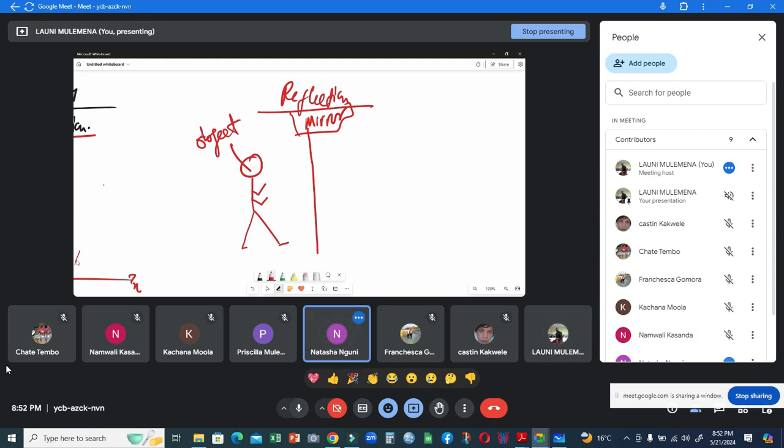If you have a very big mirror with you, and you are seeing yourself, indeed, the image will be behind the mirror.